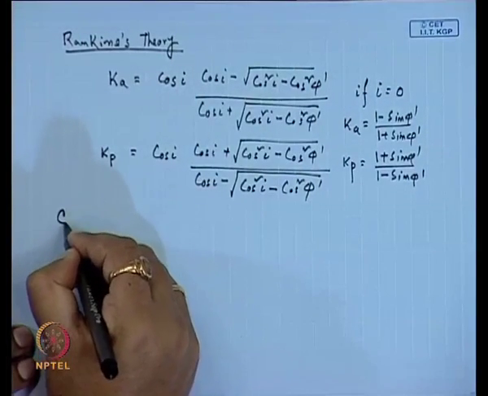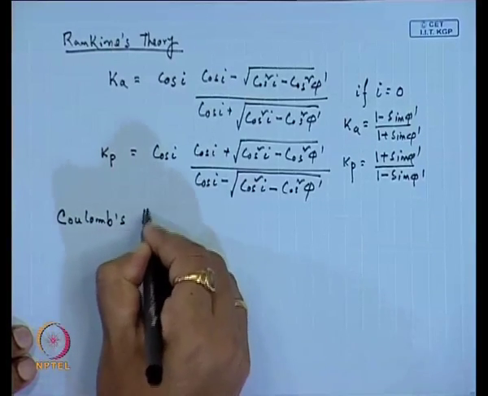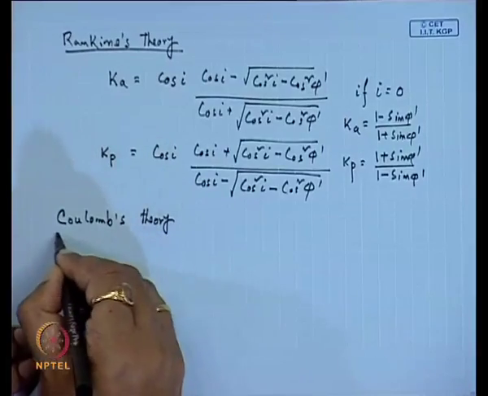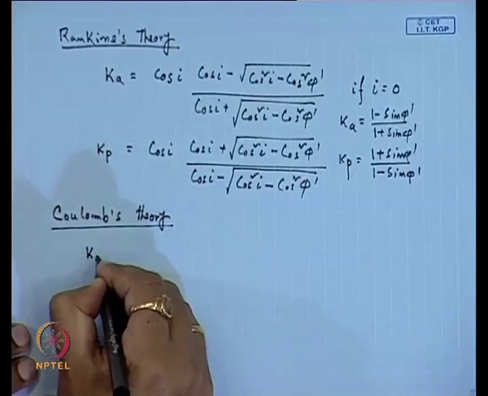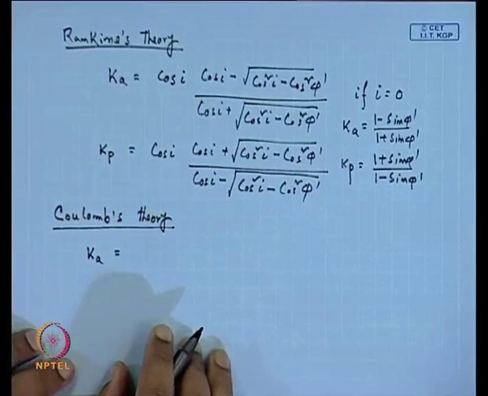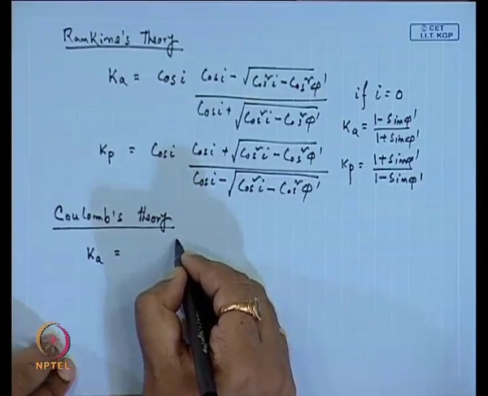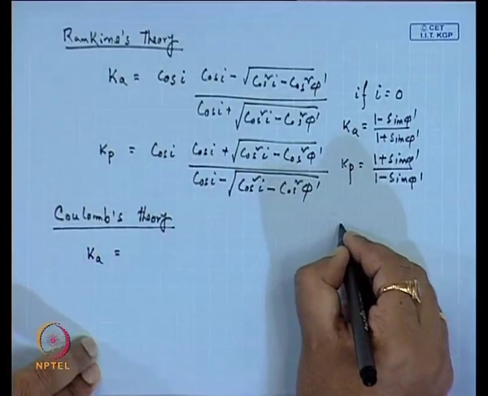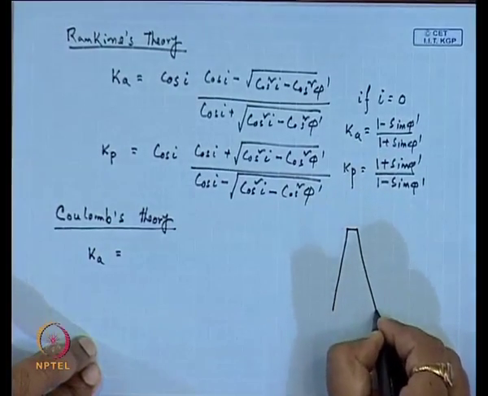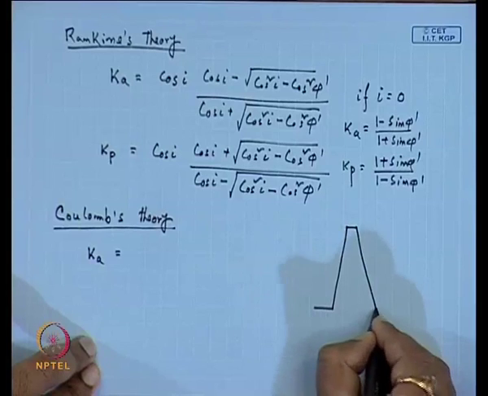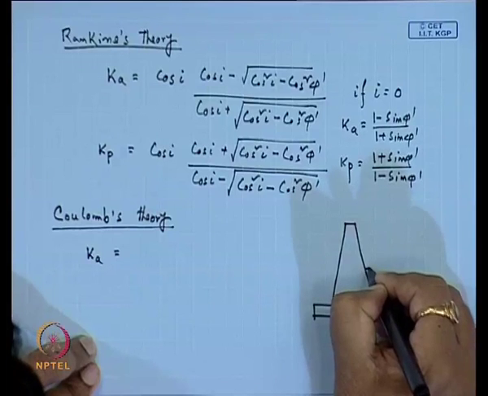Now, if I use Coulomb's theory, then K_A is equal to, for the case of Coulomb's theory, suppose this is our retaining wall and this force is acting here.